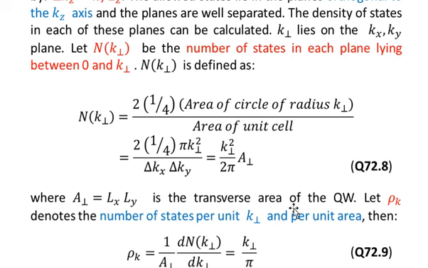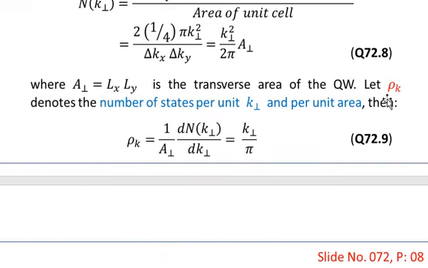So these are the transverse area of the quantum well. Transverse in the sense that perpendicular to the z direction. Now let rho k denote the number of states per unit k perpendicular unit area.